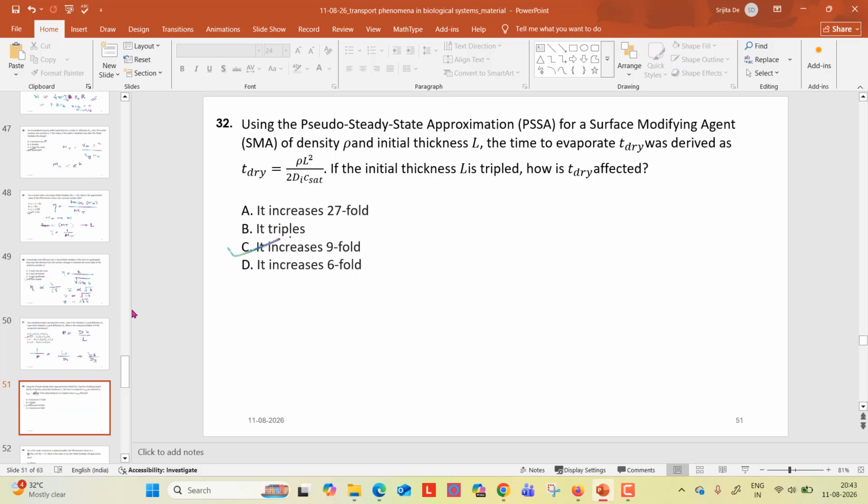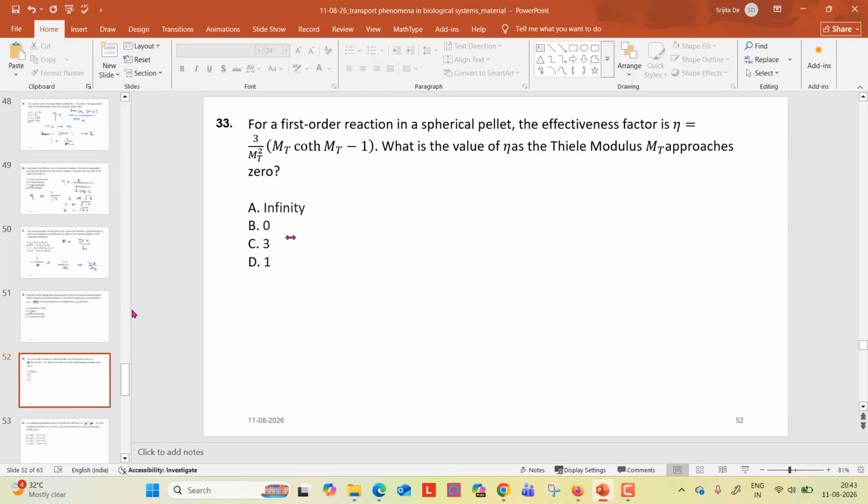For a first order reaction in a spherical pellet, the effectiveness factor eta is this. What is the value of eta as the Thiele modulus MT approaches 0? As MT approaches 0, that means there is no diffusion resistance.